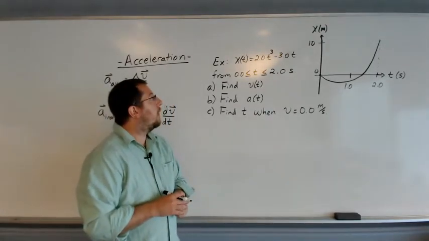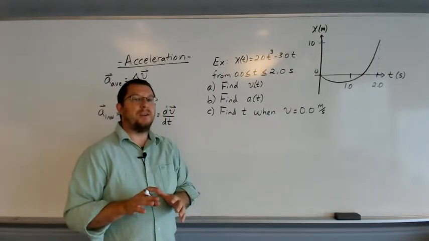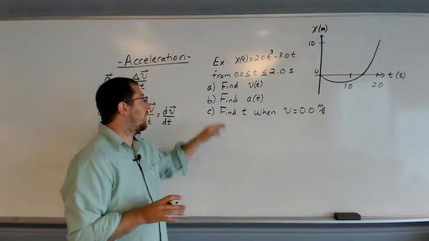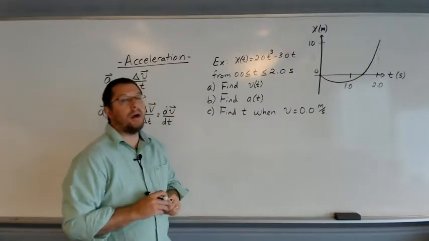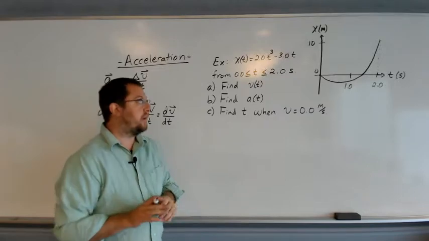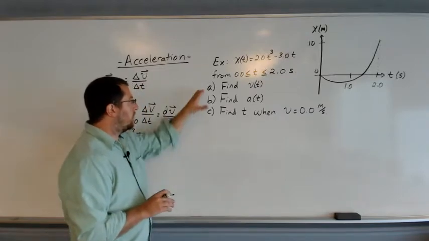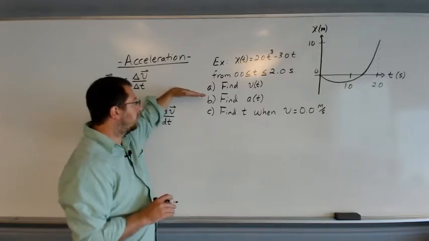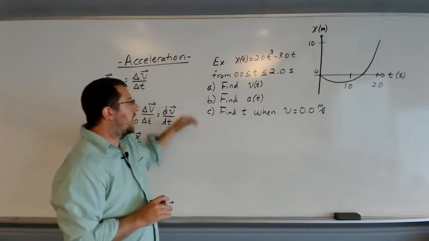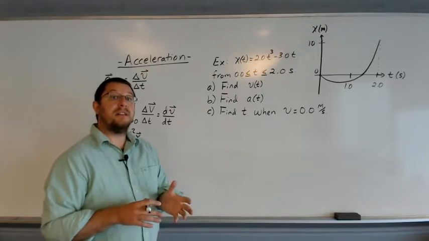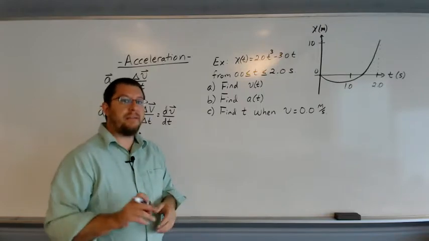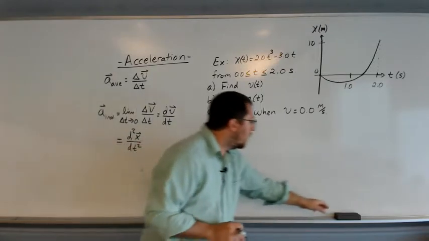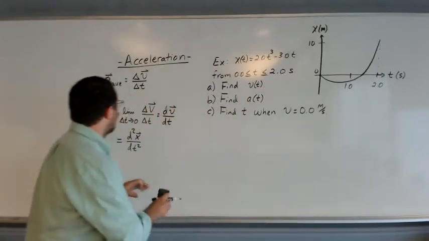Now there's one more interesting question that we could ask, and I'll discuss that a little bit as we get further in the video. But for the moment, let's restrict ourselves to finding our velocity, finding our acceleration, and finding when the velocity is 0. That's a rather interesting question. So let's start there.